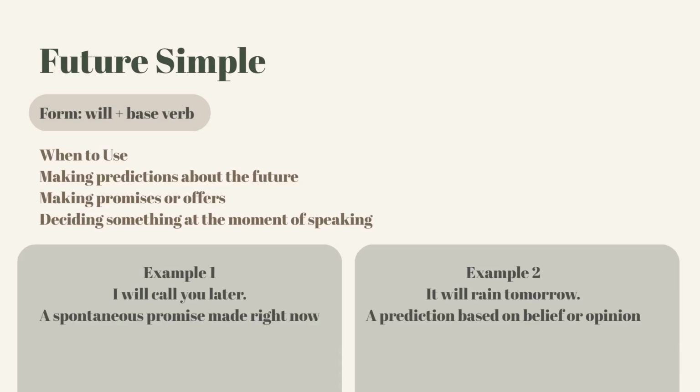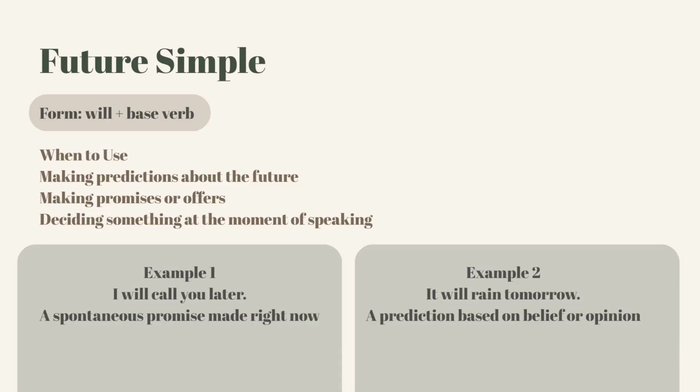Subject plus will not or won't plus base verb. Let's give you an example. It won't rain tomorrow. We said it will rain tomorrow, it won't rain tomorrow. It's the negative form of the exact same sentence in future simple.